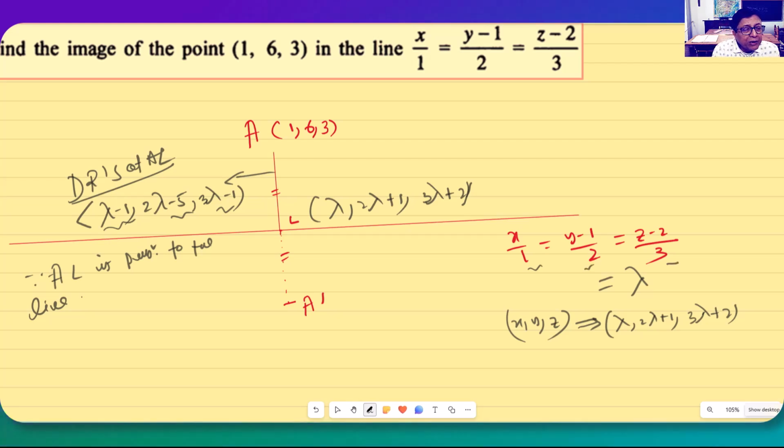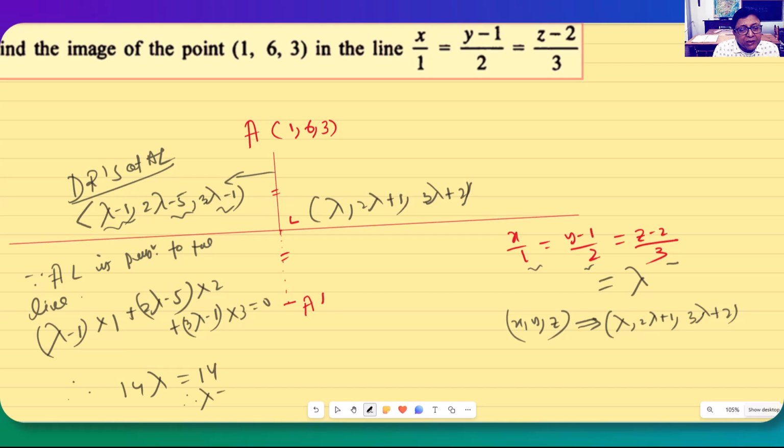So the perpendicularity condition will be lambda minus 1 into 1, plus 2 lambda minus 5 into 2, plus 3 lambda minus 1 into 3 equal to 0. So 14 lambda equal to 14. Here also we got the same thing, lambda equal to 1.